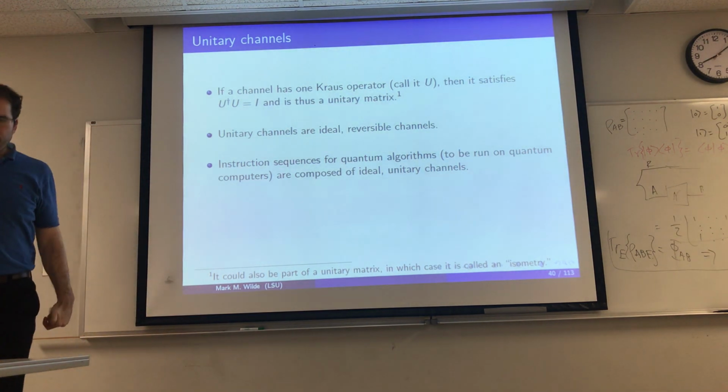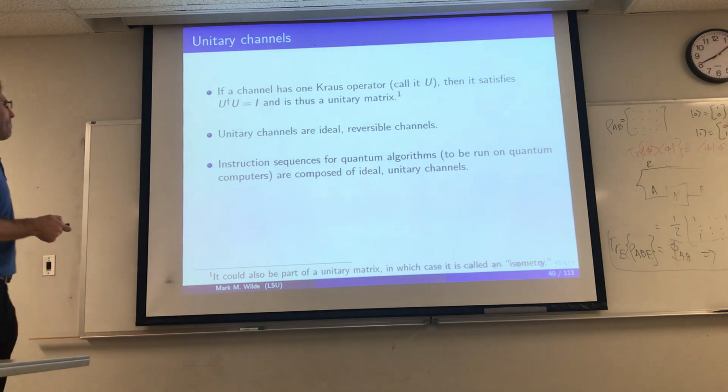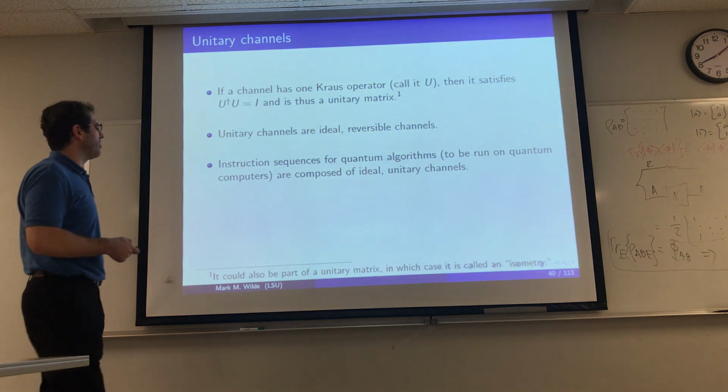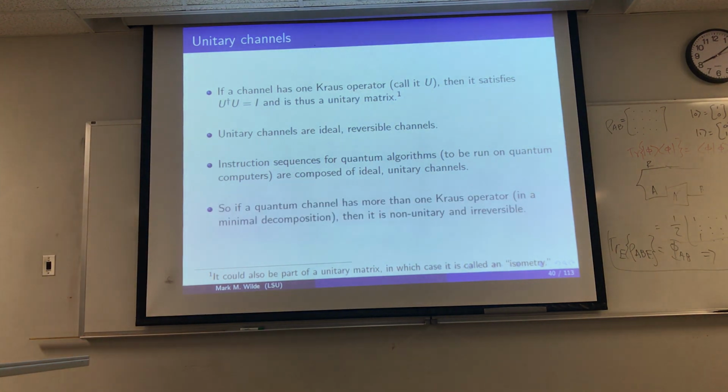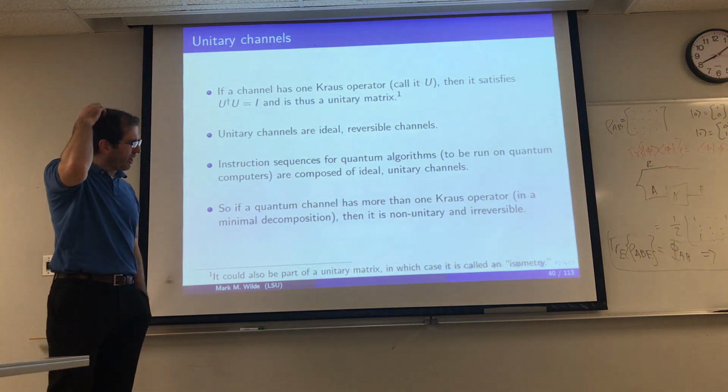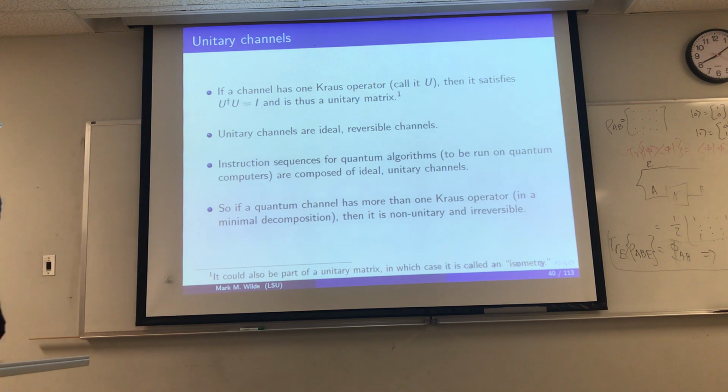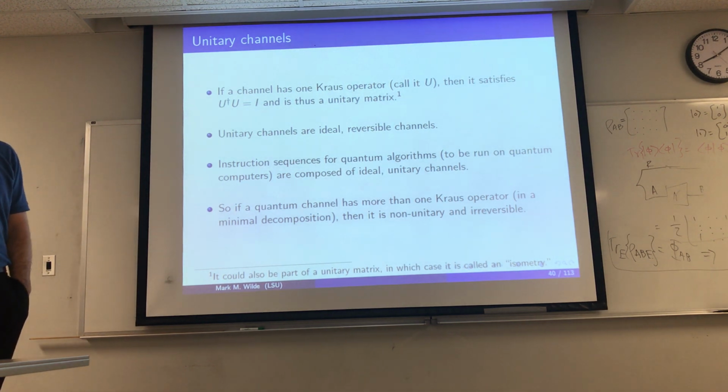But in practice, you cannot do so, and you realize noisy channels. If a quantum channel has more than one Kraus operator in that sum that we wrote, it is non-unitary and thus irreversible.